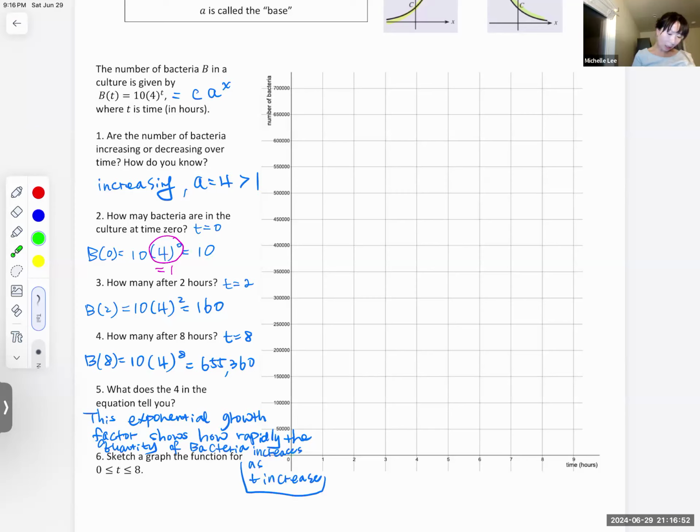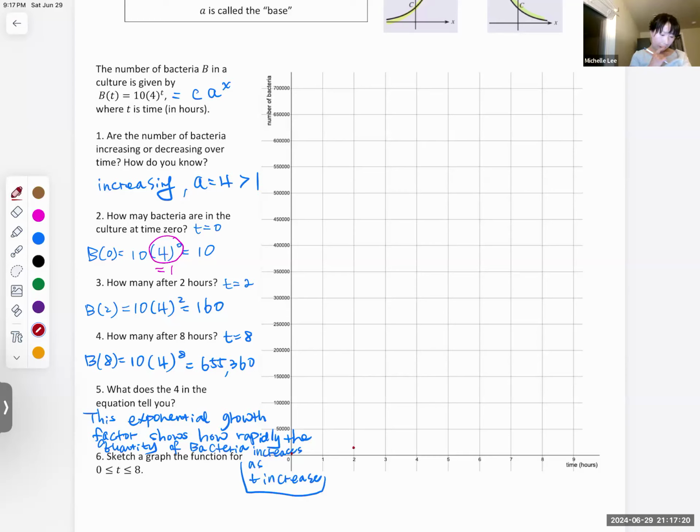Let me plot the point here, very tiny. And then when T equal to 2, we have 160, also tiny, right? Because the scale is 50,000.